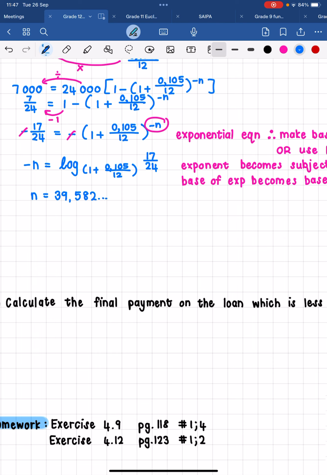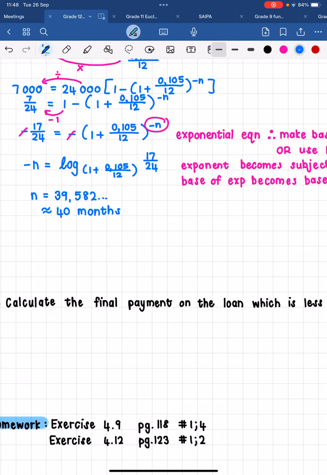Now guys, what this means is that actually you're going to have how many payments? Will the loan be paid off in full after 39 payments? No, all right? So there are actually going to be 40 payments, yes. So I'm just going to make a little squiggly equal sign, and I'm going to write here 40 months.